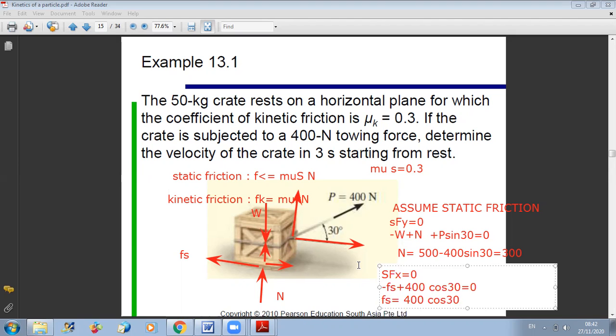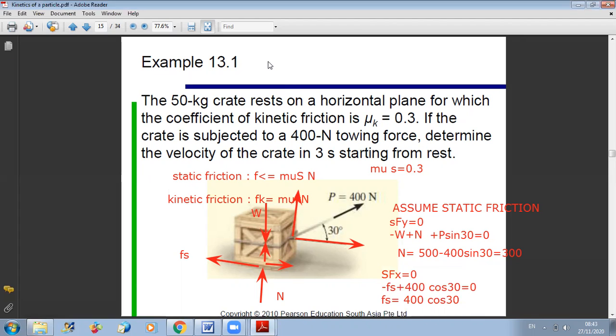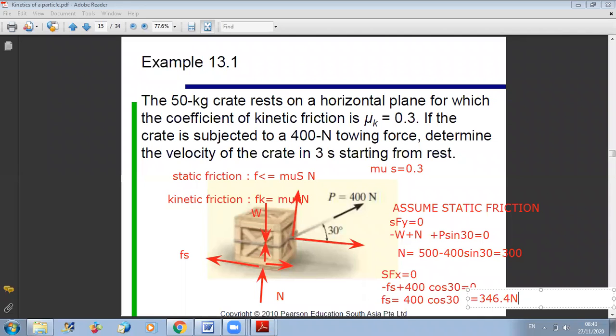Let us calculate this value. It's 346.4. Now, if I check the condition, what is the condition to have static friction?